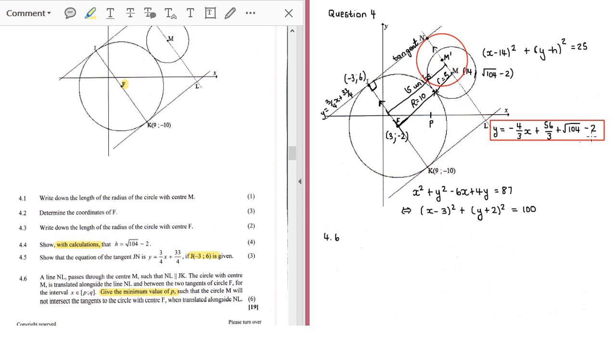Right, so I've noted our result on screen in this box. That is the equation of the line NL.